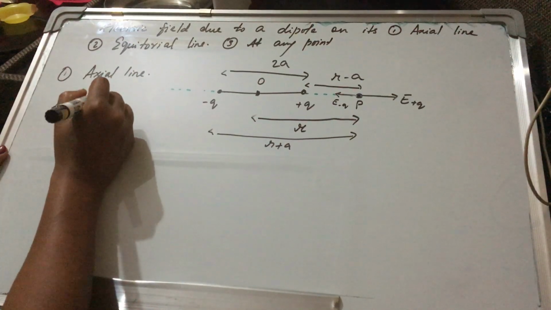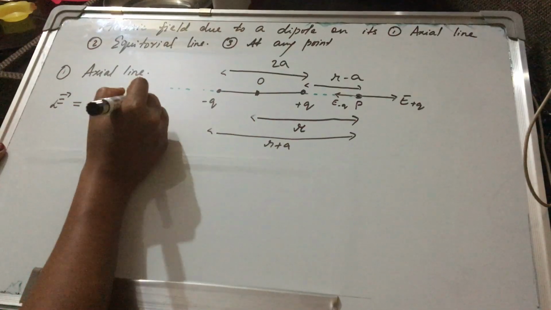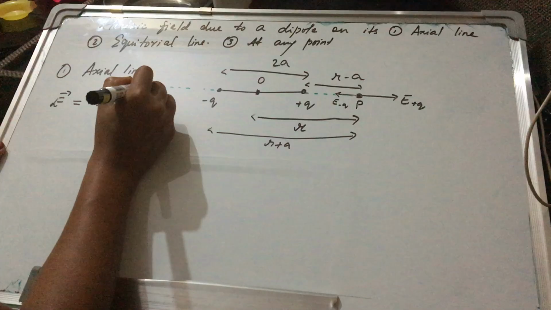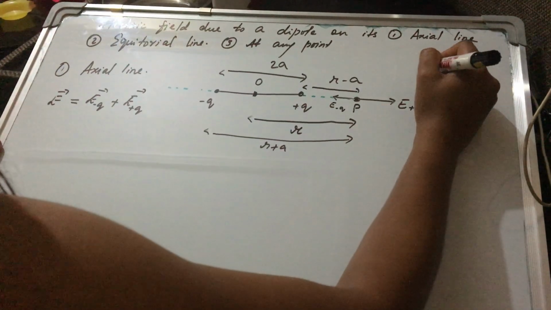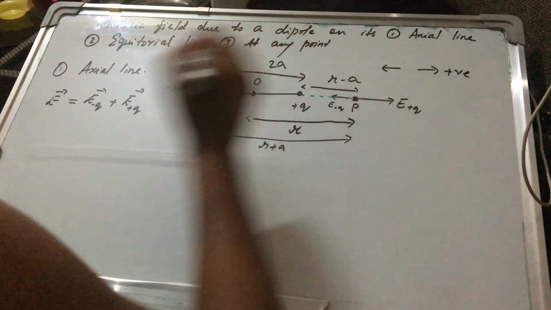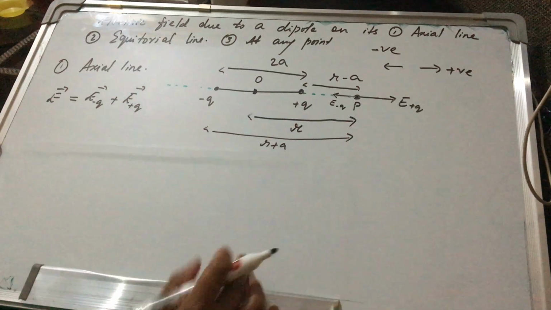Then this will be E minus Q plus E plus Q. Now I can assign this direction as positive, then the other direction has to be negative, right?